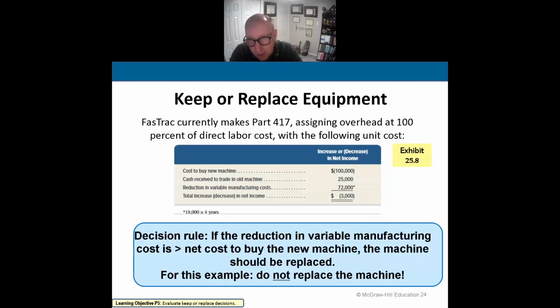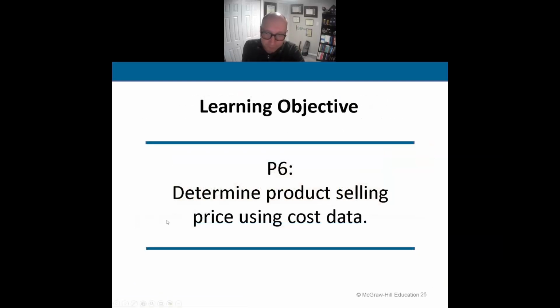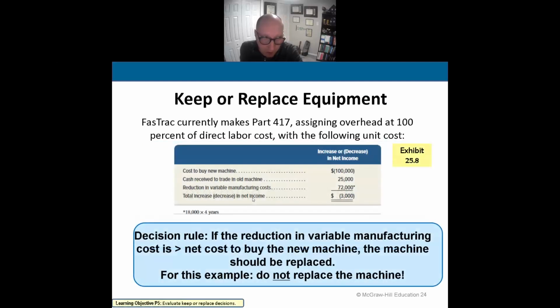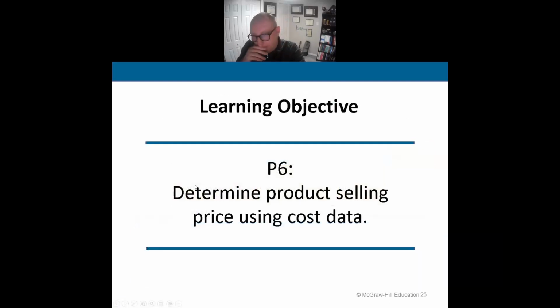In this example, I would not buy the new machine because of the severe decrease in net income. In the long run, we did end up replacing the chiller, and we did what's called a spread of our fixed asset over time. So you know what happened to that.